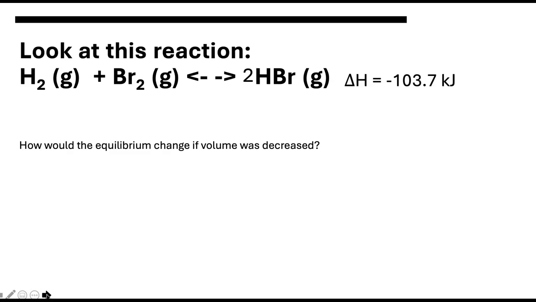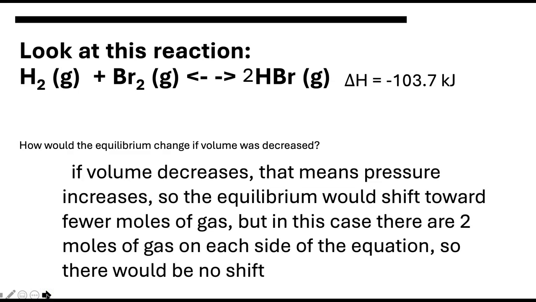What would happen if volume were decreased? So pause the video. Alrighty, so volume is decreased. We just finished studying the gas laws, so that means pressure is increased. As pressure increases, that means our equilibrium is going to shift toward fewer moles of gas.